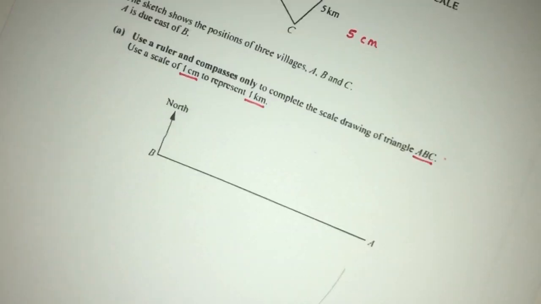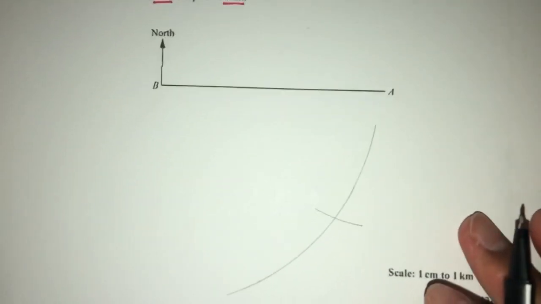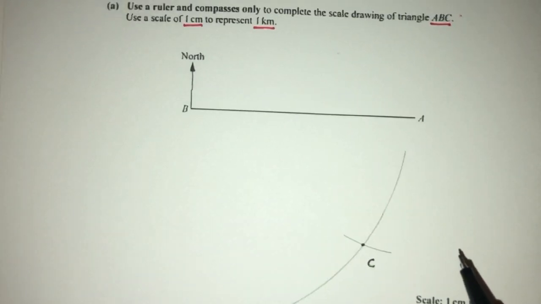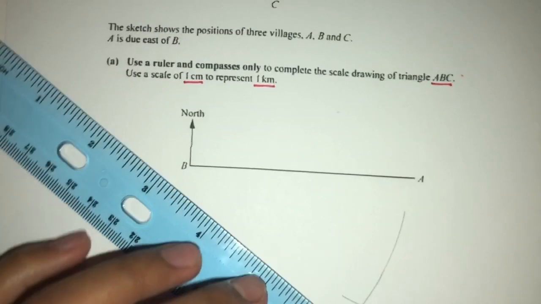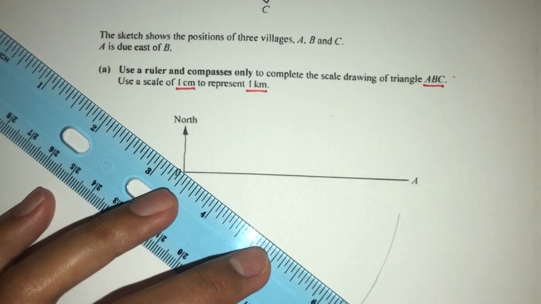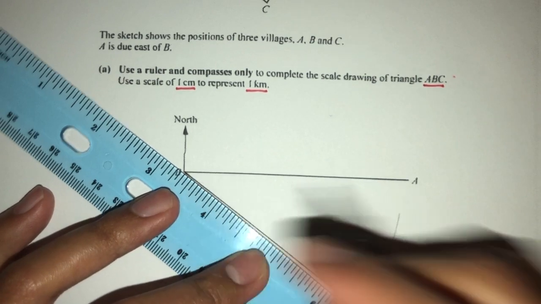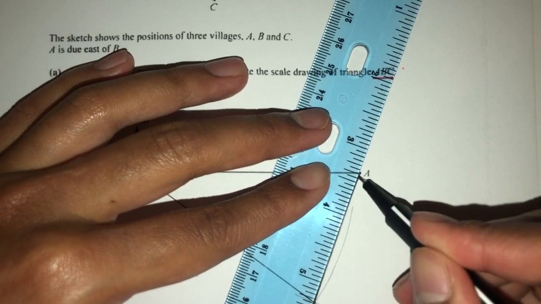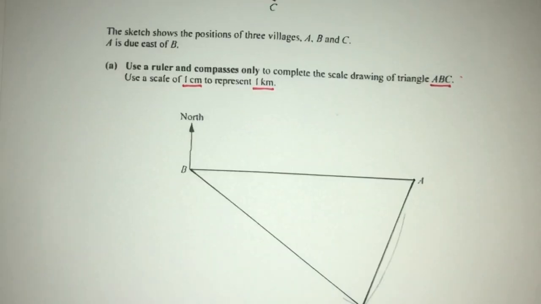As you can see, we have a point of intersection. This point of intersection is your point C. This is how you will show the method of finding your triangle ABC. Now let me join this with that, and this with that one. That will be pretty much it. So that is part A of the question.